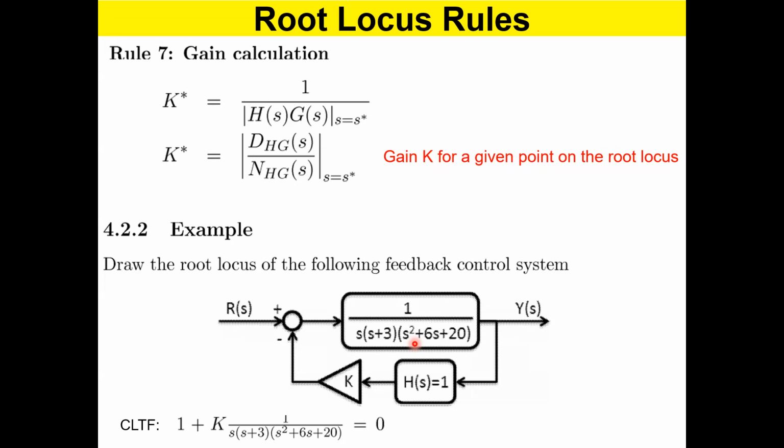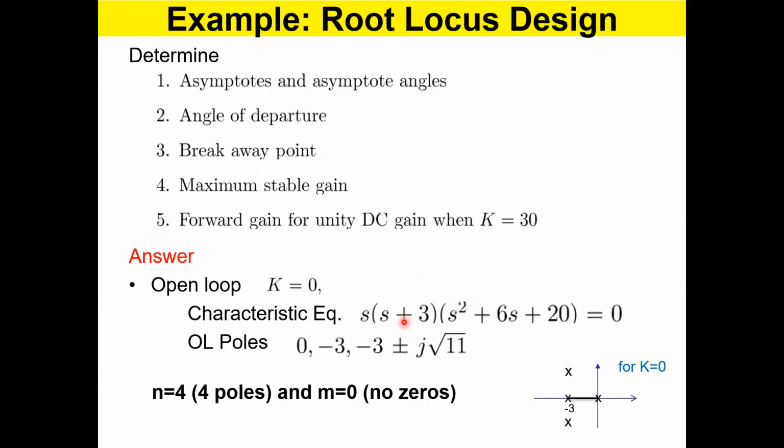Having said all of these things, now you are in a better position to get going with the root locus design. The first thing is to figure out what the start points and end points are for the poles of the plant.